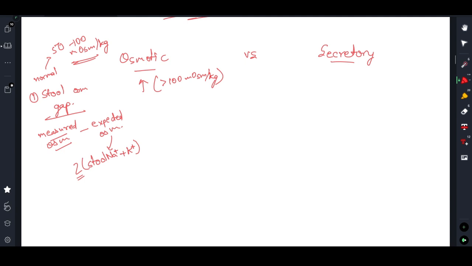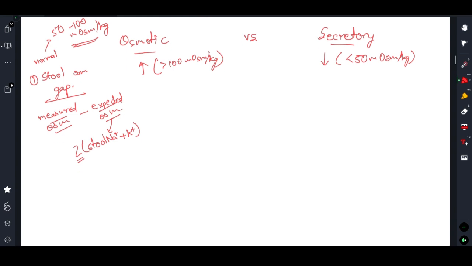Whereas in secretory diarrhea, what we saw is that there were secretions, right? There were secretions and potassium was being released, other ions were being released, due to which you can say that the expected osmolality went up. So as a result, you will see that the stool osmotic gap will go down, right? So it will be less than 50 milliosmoles per kg. So this was the discussion on the first parameter.